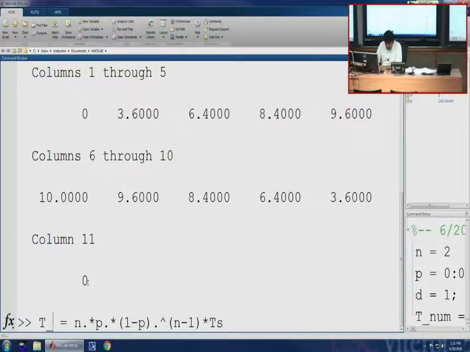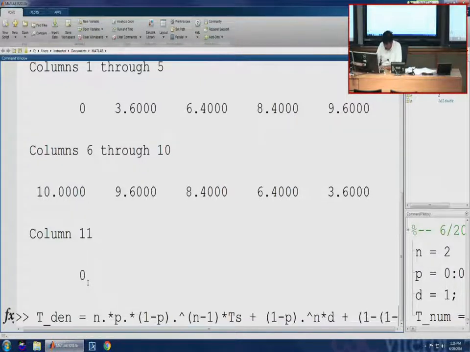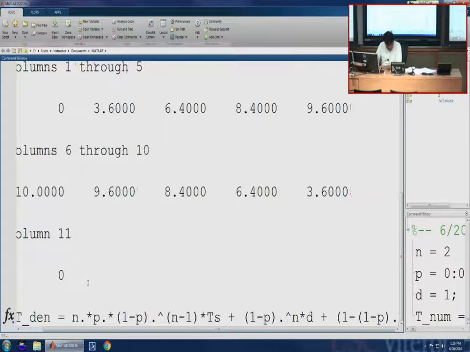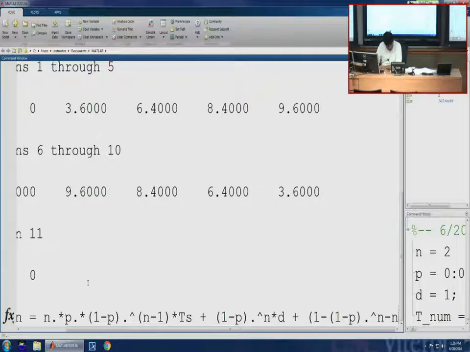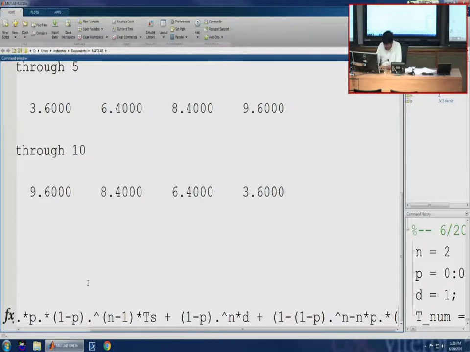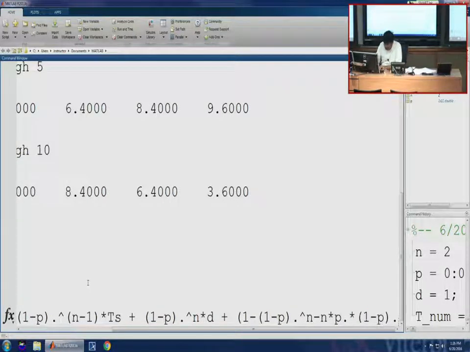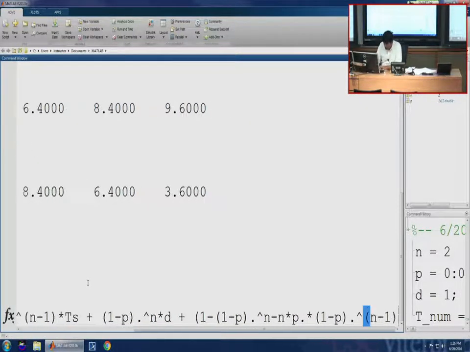Then the denominator term has that in it, and on top of that has other terms, with 1 minus p times Tc. I'm making sure I'm matching my parentheses here.